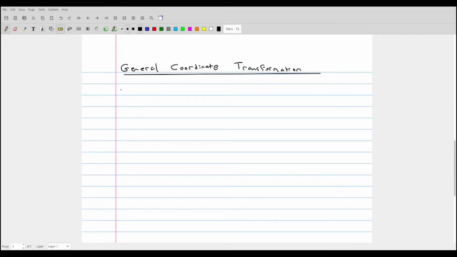So a general coordinate transformation from Cartesian coordinates is going to take the following form. The general coordinate transformation from coordinates xy into new coordinates, we'll call the new coordinates uv, is going to be x as a function of our new coordinates u and v, and y is a multivariable function of our new coordinates u and v.